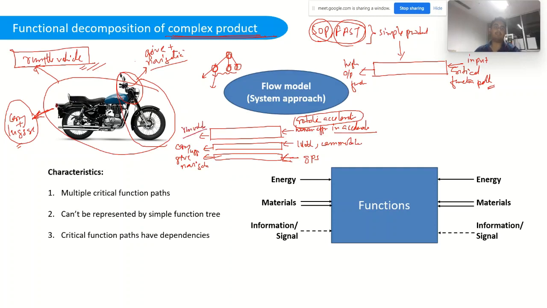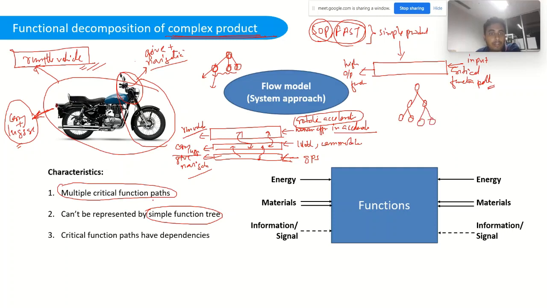But using the FAST method, it is not possible to understand the relationships between the critical paths, which generally occur in complex products. Complex products have multiple critical function paths and cannot be represented by a simple function tree. In simple products there can be a simple hierarchical functional tree.